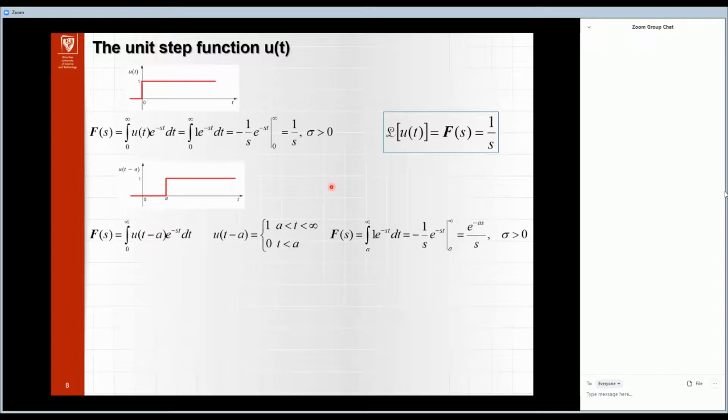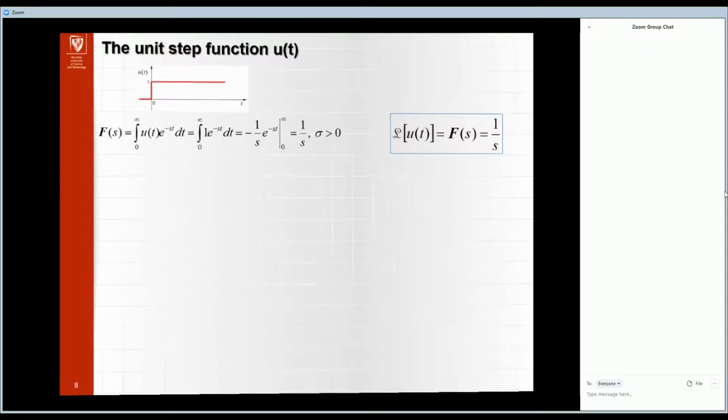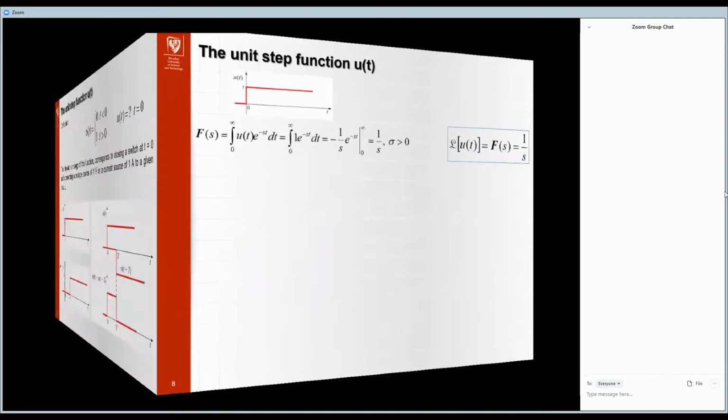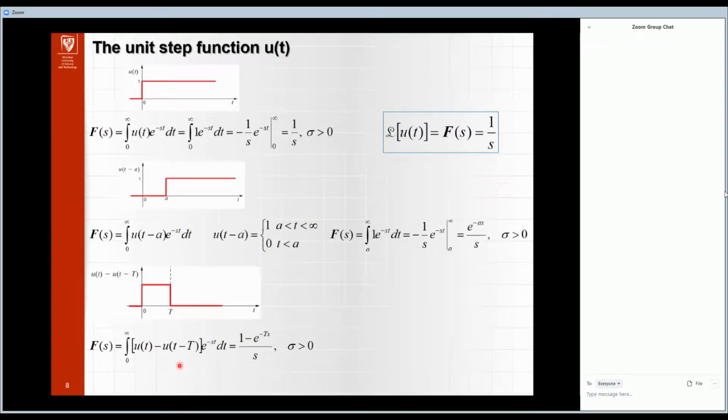Okay, and now when we assemble this function and this function, such a picture, we can try to calculate the Laplace transformation of such parts.